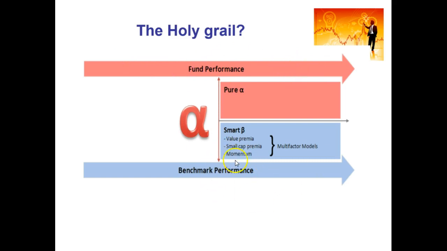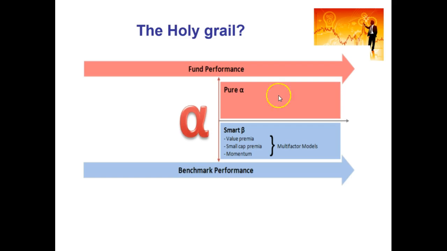And can we do that by either potentially adding a layer of additional performance through smart beta factors, and that is by measuring our expected returns with these multi-factor models, building on the CAPM, but adding these additional factors into our estimation of expected returns? Or potentially, can we generate pure alpha? This is through active investing and using the ideas of active stock picking to try to increase our overall performance.